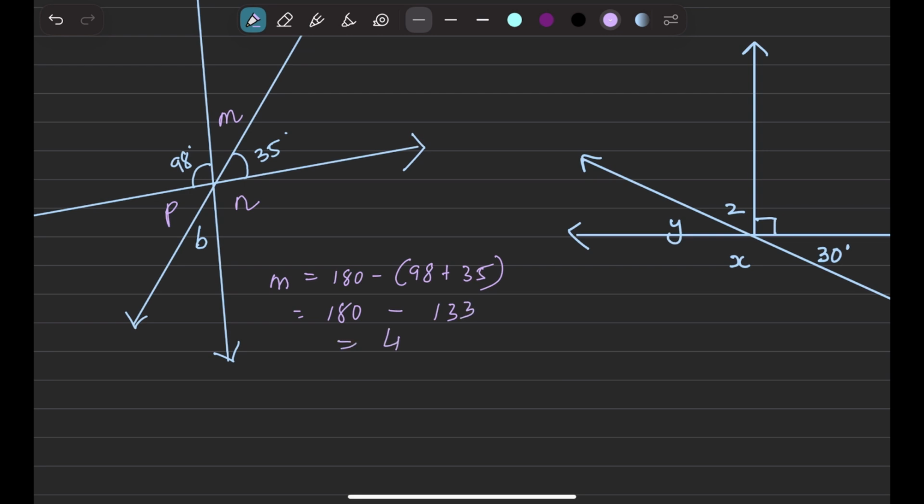So is this 47, guys? Yeah, I guess so. So we found M as 47.